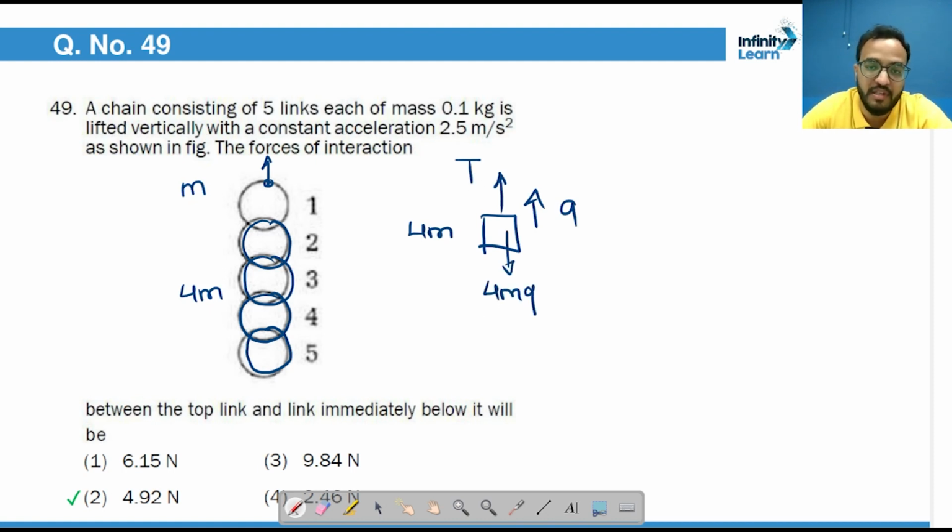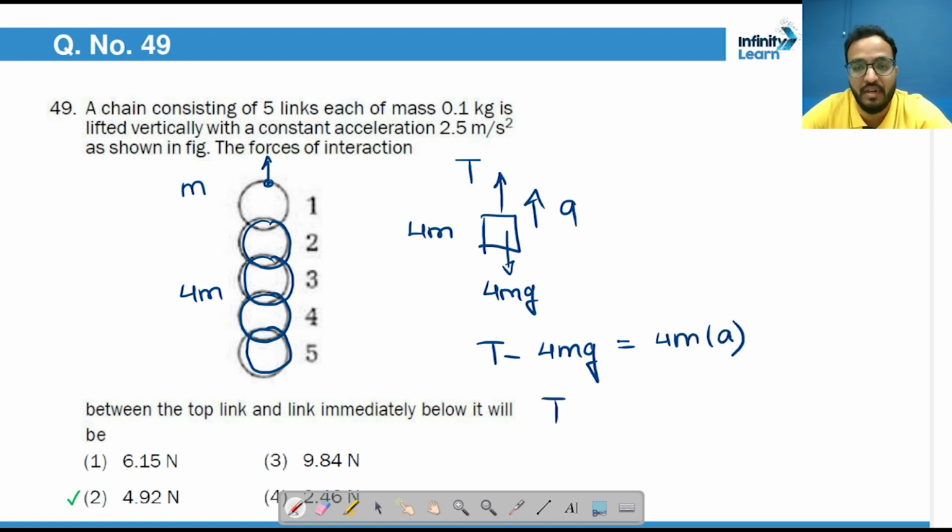Downward is 4mg. So T minus 4mg is equal to 4M into A. So the tension is 4M into G plus A. Put the values: G is given 9.8, A is given 2.5. The answer will be 4.92. Clear?